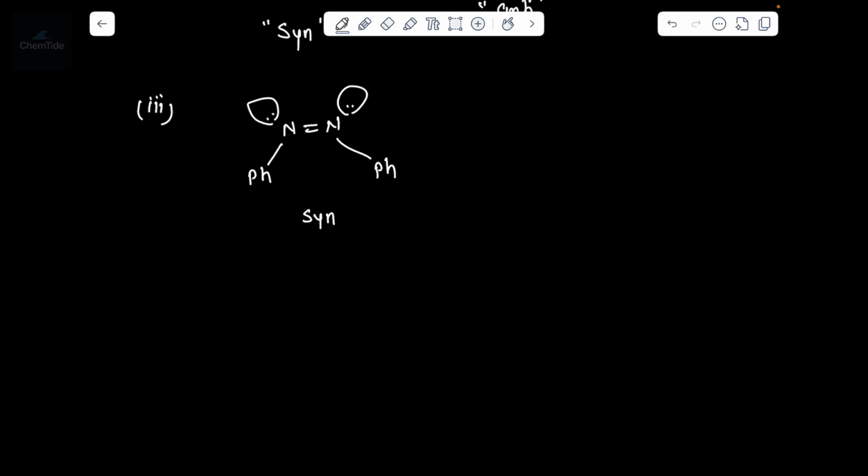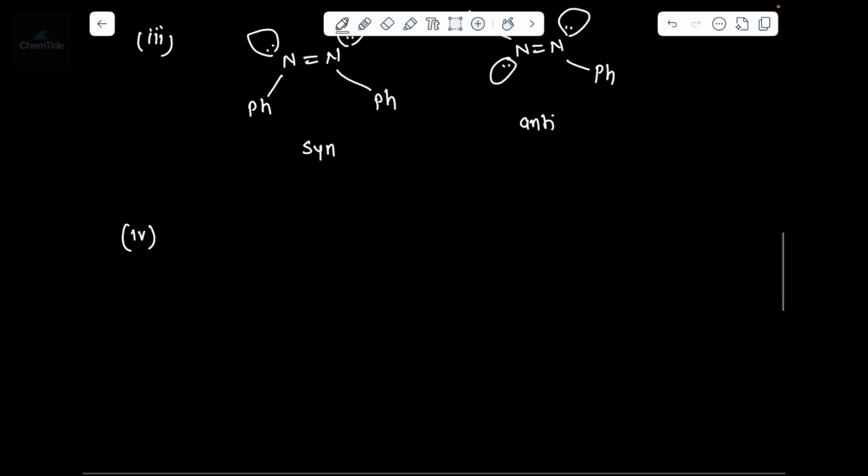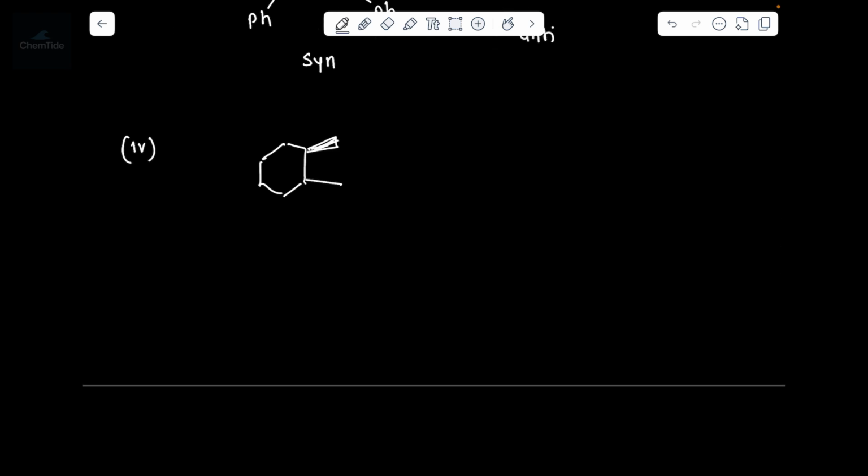The name is changed for nitrogen compounds, and if I place them opposite, the name becomes anti. A similar pattern can be shown in the ring also. If the substituents come on the same side, for example OH and OH, it is called cis. On the carbon chain, a solid line means toward you and a dash line means away from you, so in the opposite direction the name becomes trans.